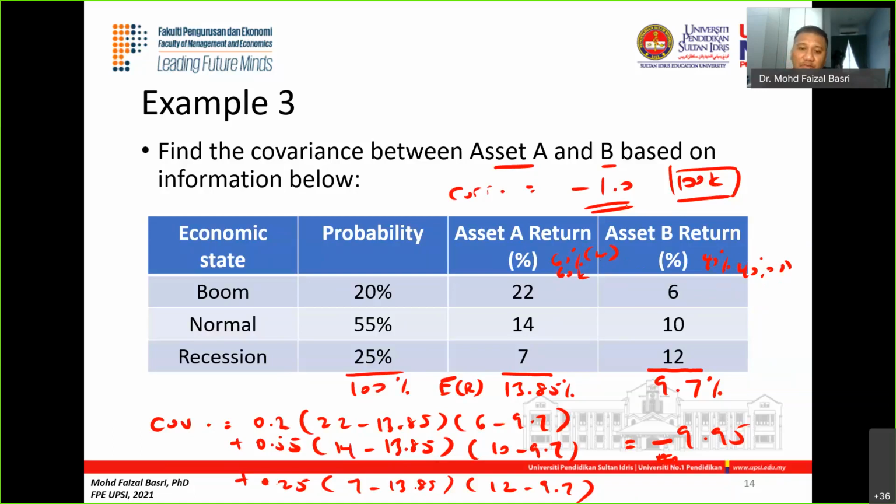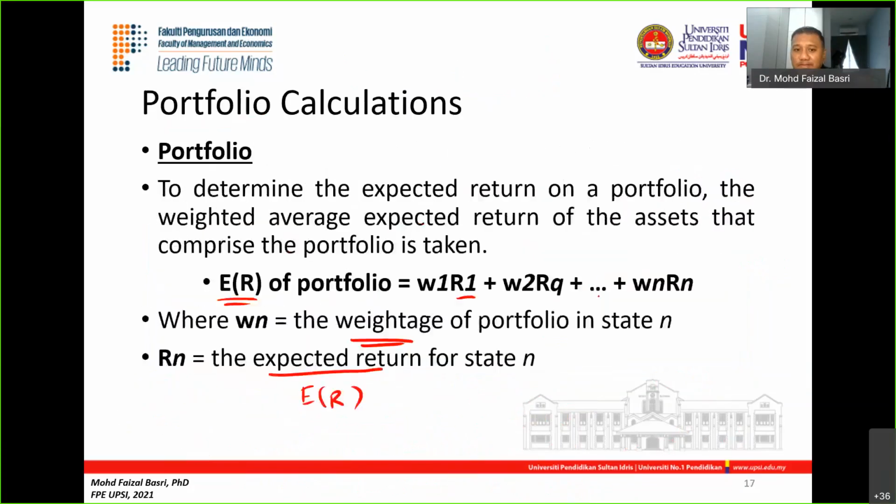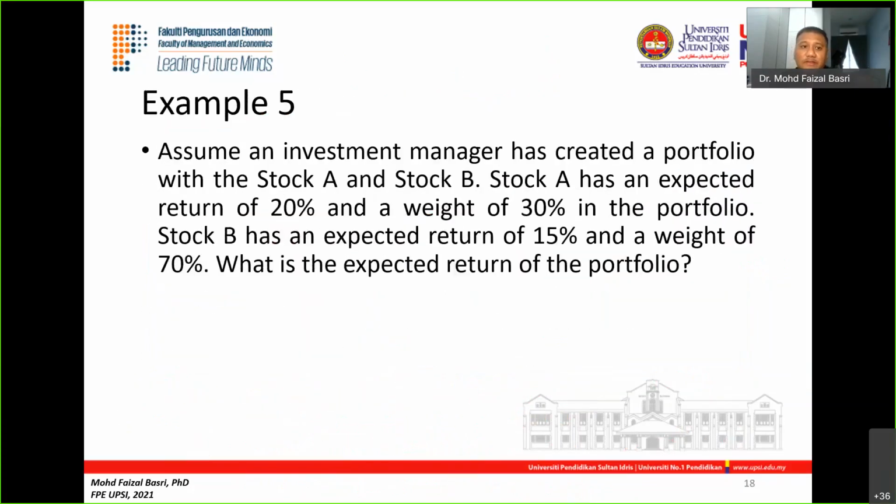Usually when we talk about the question, they will give you like this. There are only two assets here for comparison. So you need to calculate individually, A and B. And for portfolio, we're going to combine A and B as well. So we need to have the weights. Here, for example, nothing to do with the earlier example, this is a standalone question.